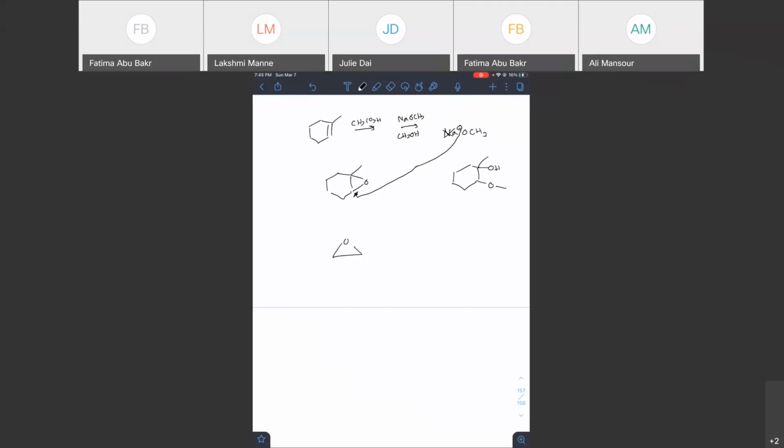So in epoxies, both of these are going to be syn, right? So we can't have something attack here as forward facing. It has to attack as backward facing, and then that breaks this. Forces it to always be anti. Oh, okay, so that's why. Mm-hmm. Okay, that makes sense. Thank you, Fatima. No problem.